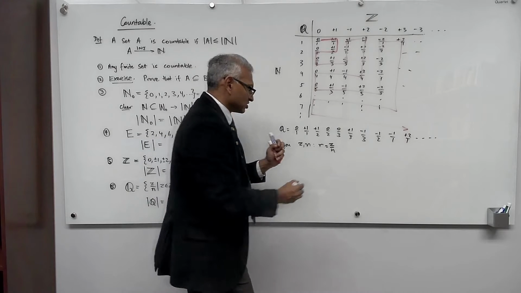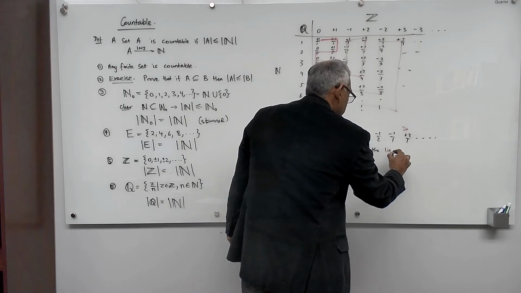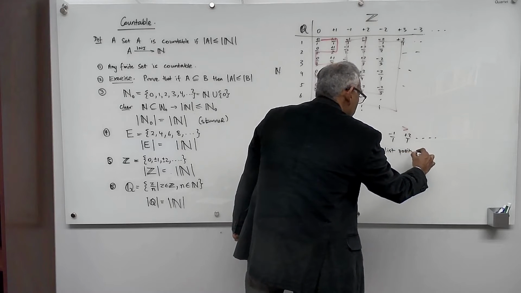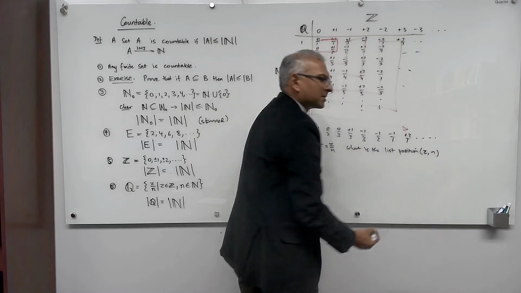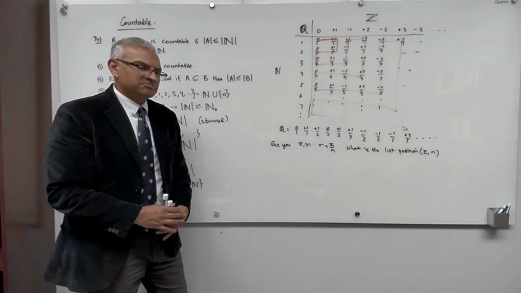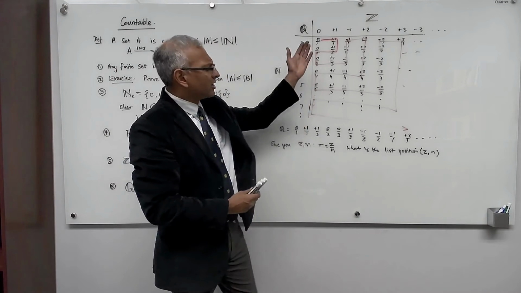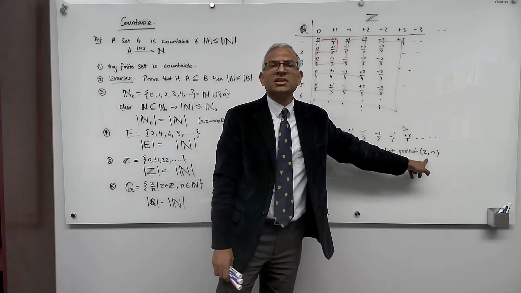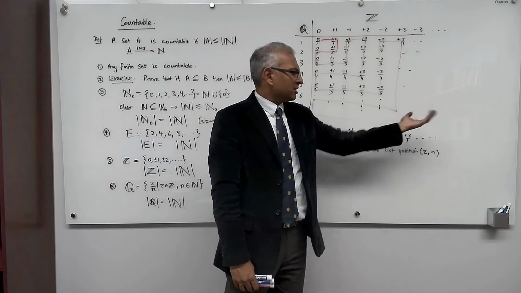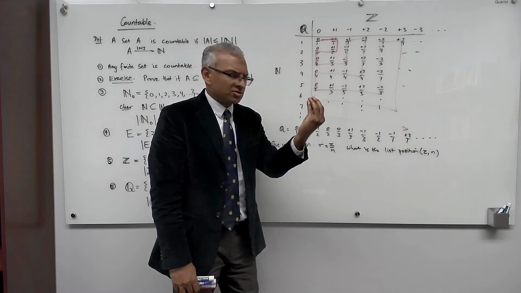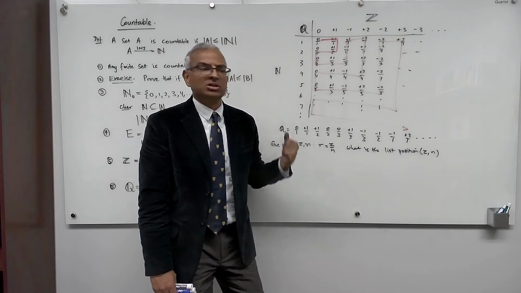What is the list position of the rational defined by z and n? That's a challenge exercise for you. It's not that trivial, but it's also not impossible. You can figure out a formula for the list position of z over n. And so that means that every rational number is in this list, and you can construct the list position given the rational number. Rational numbers are countable.